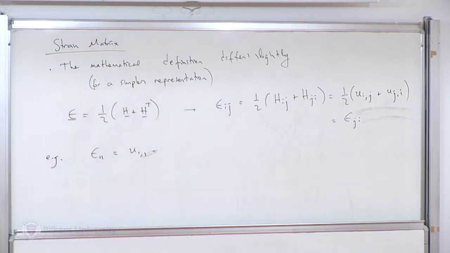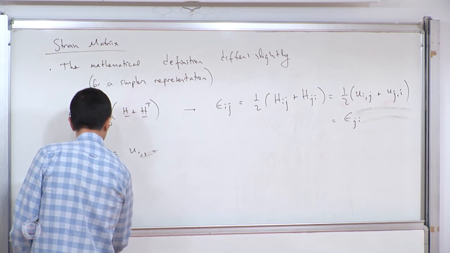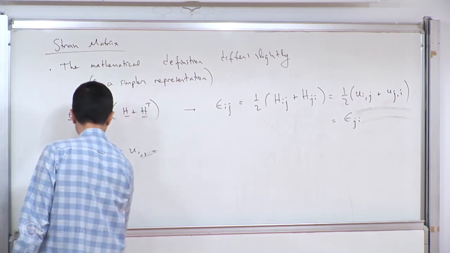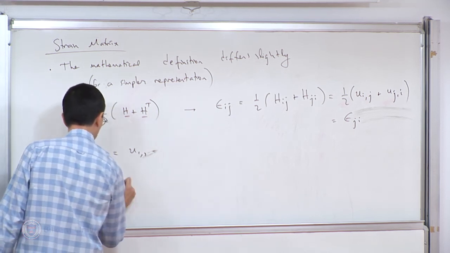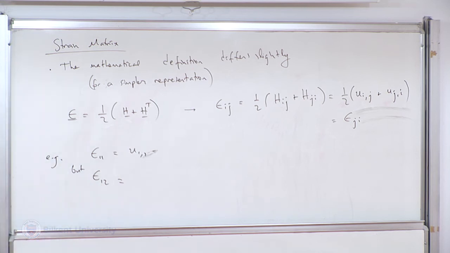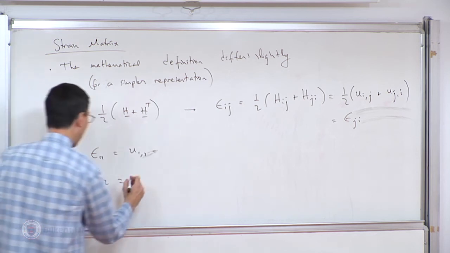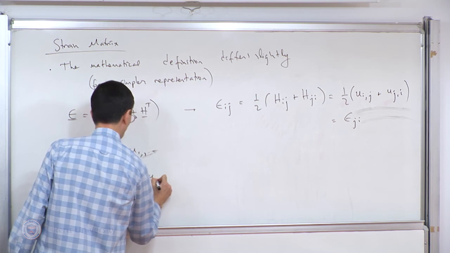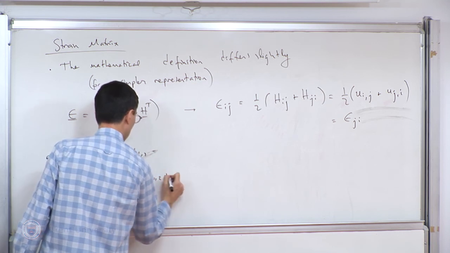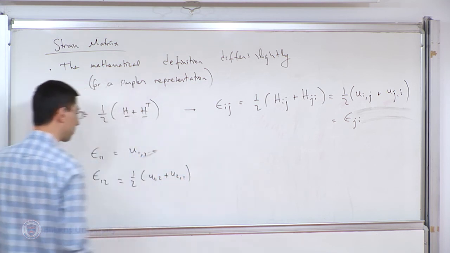Okay, so epsilon 1, 1 is u1 comma 1, which is consistent with what we have just derived for normal strain. So let's have a look at shear strain. Let's have a look at component 1, 2. Here I will put a but, because now there is a difference. Epsilon 1, 2 is 1/2 (u1 comma 2 plus u2 comma 1).